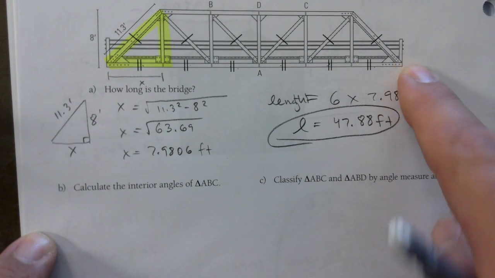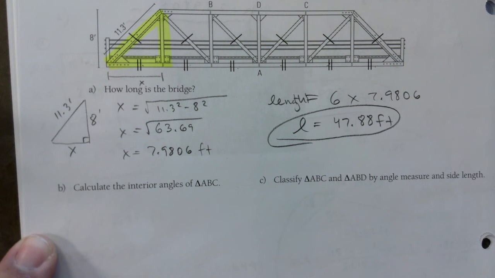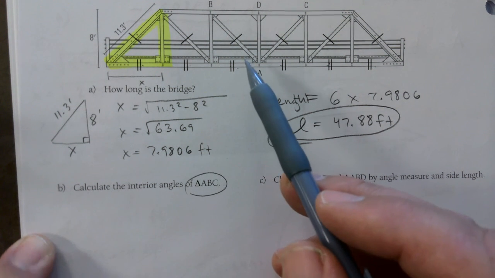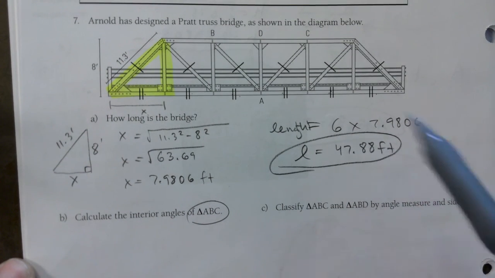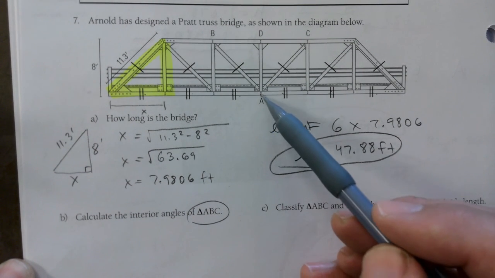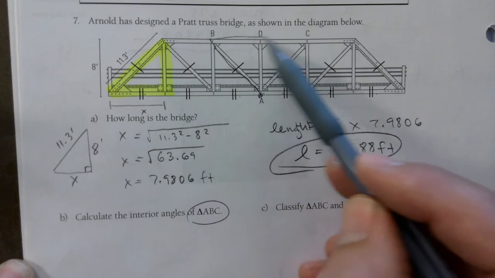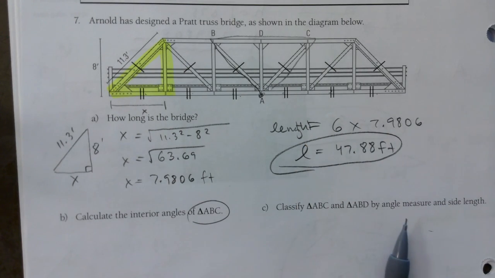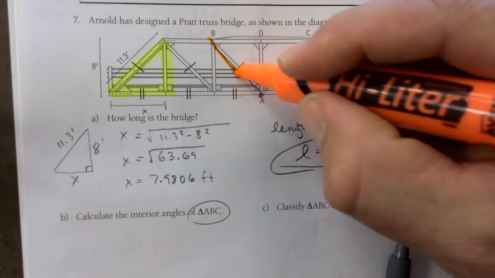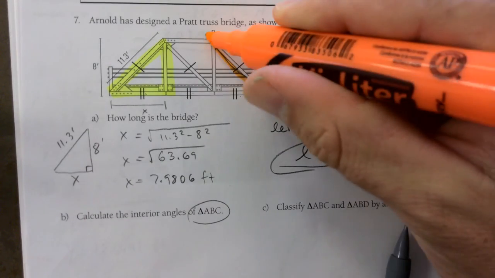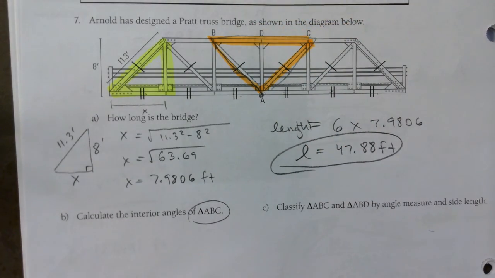So this is a symmetrical shape here. Calculate the interior angles of ABC. If you look at ABC here, A is right here. So A, B, C, they're talking about this triangle right here. I'm going to highlight it orange. Let's see what I know.